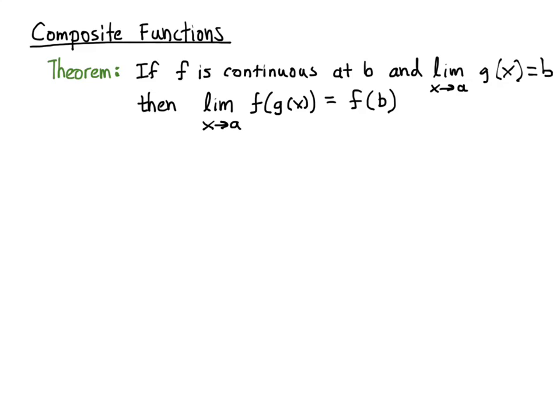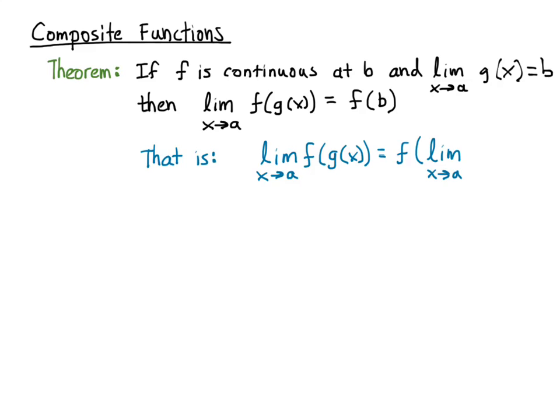All right, so when we make composite functions, f is operating on the result or the value of g at x, and that's the value that we're interested in. Okay, so if I were to write this a little bit more compactly, I would say that the limit as x approaches a of f at g at x is the same thing as f of the limit of g at x as x approaches a.